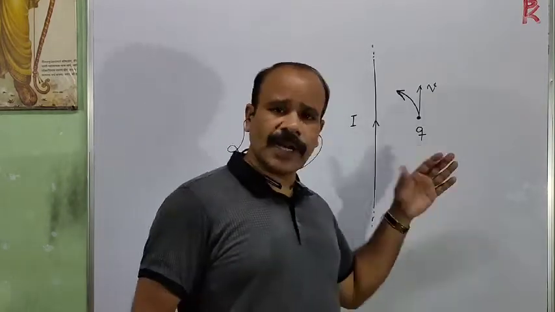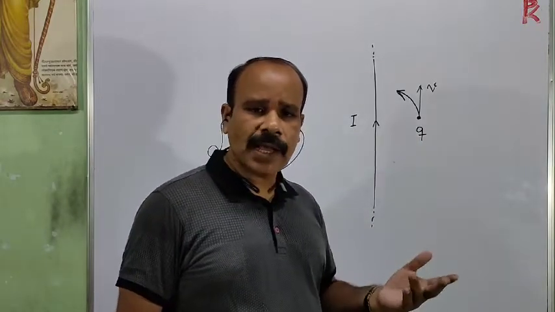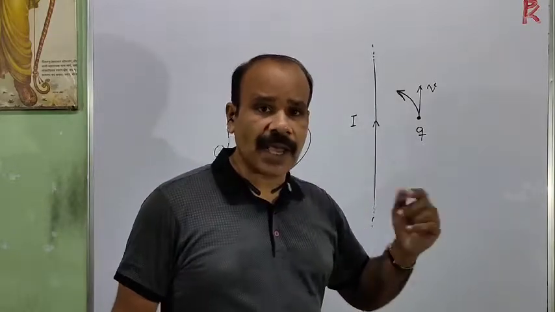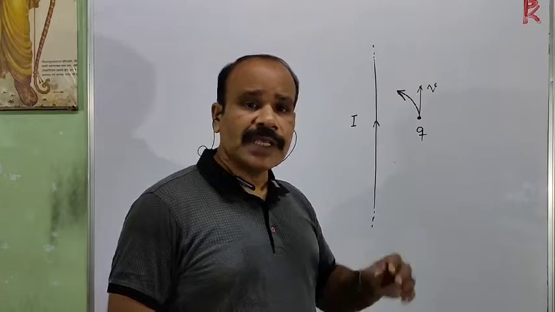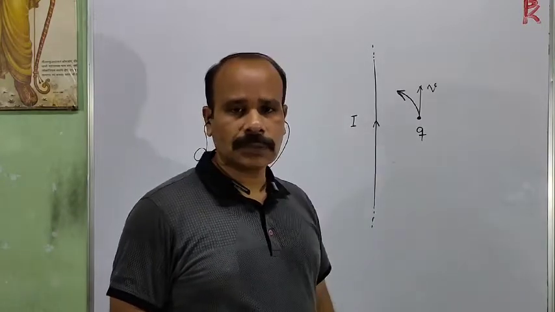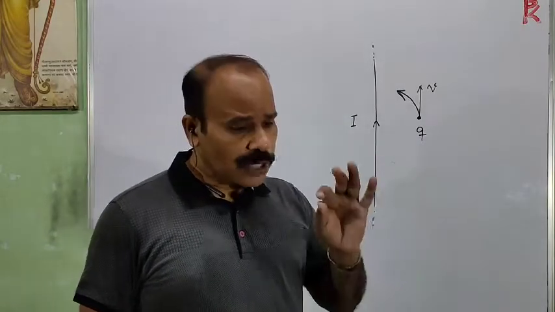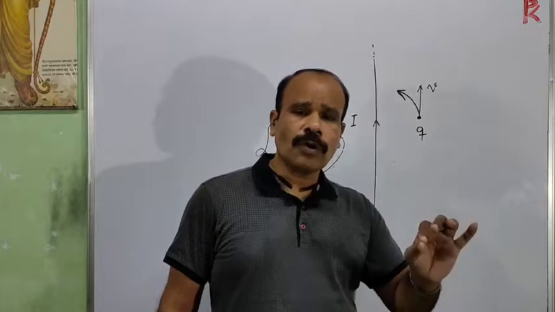So if there is no electric field, no force will act on this charged particle. But when the charged particle was given motion, when this charged particle starts moving, a force acts on it. So if a force acts on the charged particle, definitely there is a source of force.